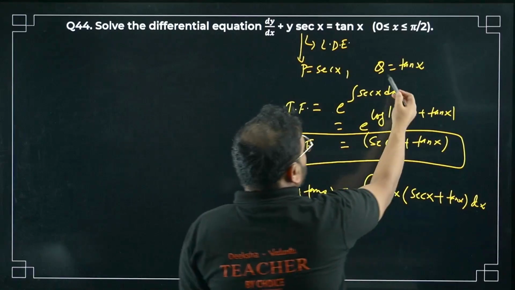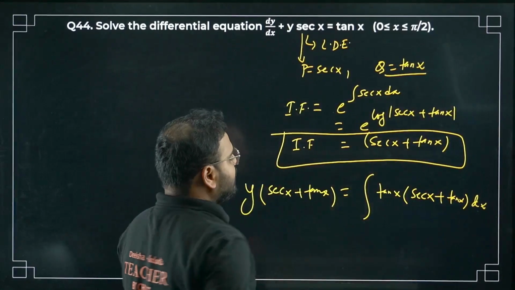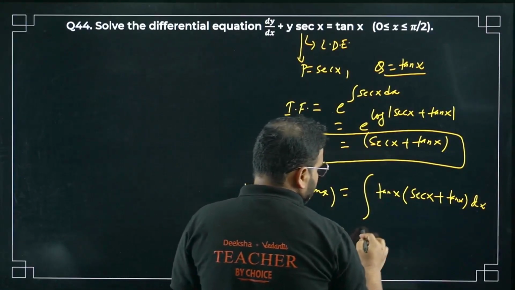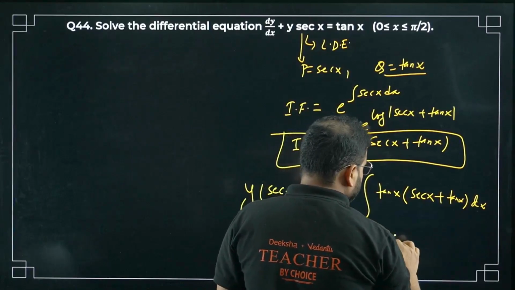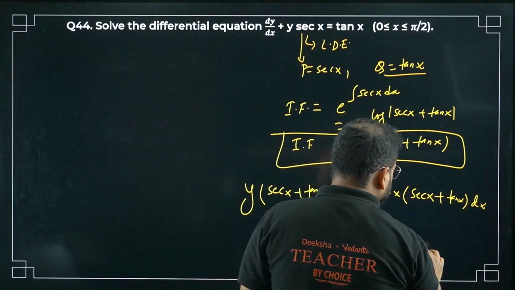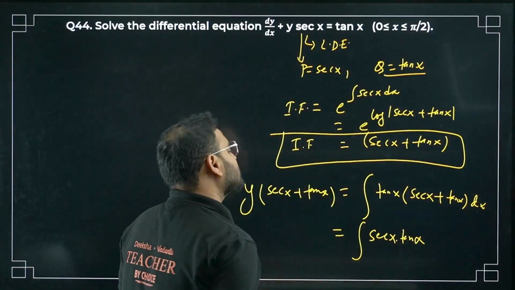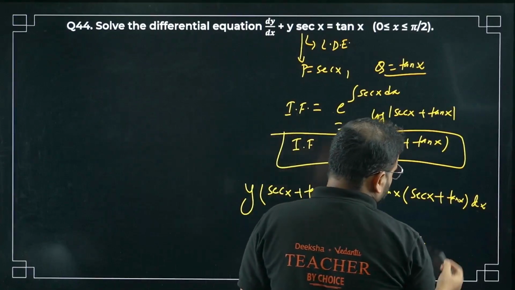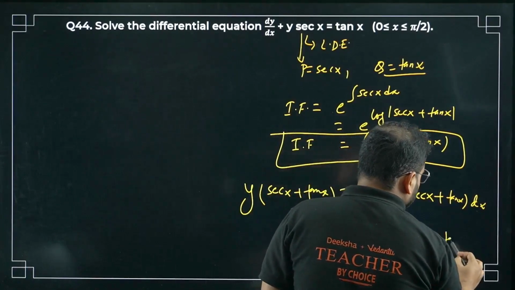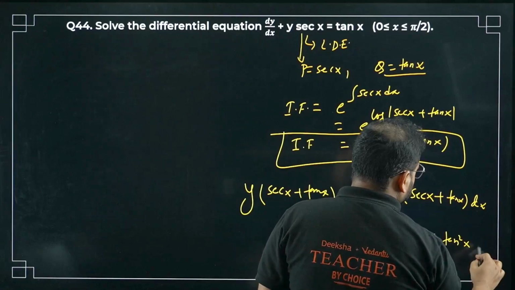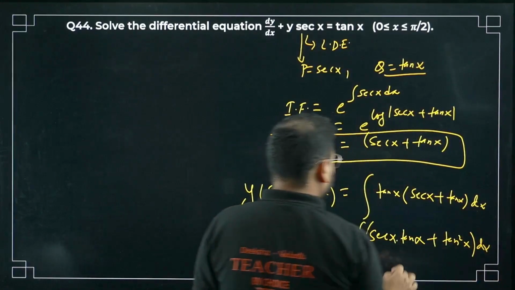Yes, this is my q value from here, and this is nothing but your IF value. Now if you expand this, it will become the integral of sec x tan x, okay, that is good, we have the integration of this, right? And what else do we have, sir? We have plus tan square x, again dx is there.